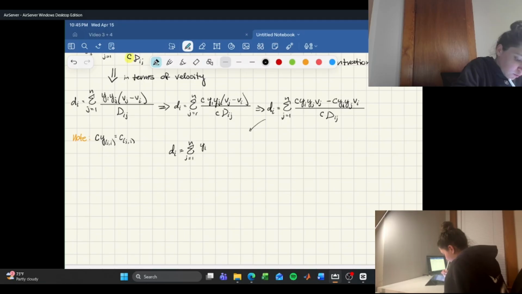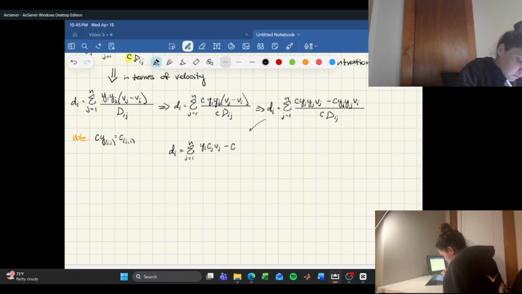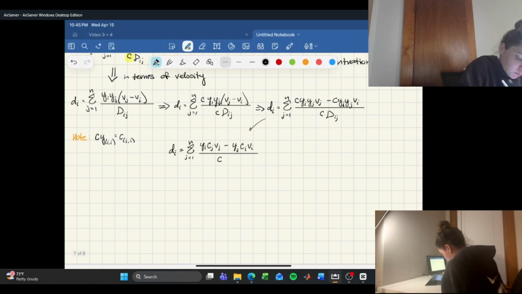So it's going to be mole fraction of I, concentration of j, times velocity of j, minus, this is going to be similar on this side, concentration times the mole fraction of I is going to be the concentration of I. So mole fraction of j, concentration of I, velocity of I, all over the overall concentration times the diffusion coefficient of ij.